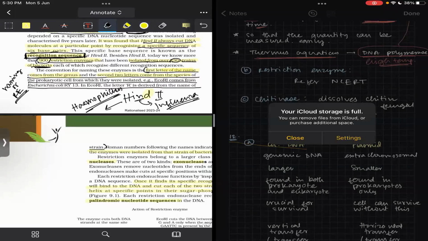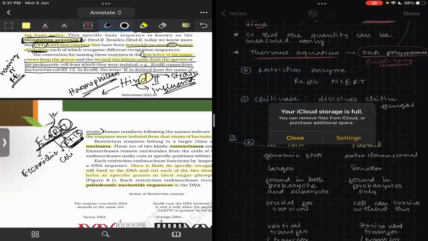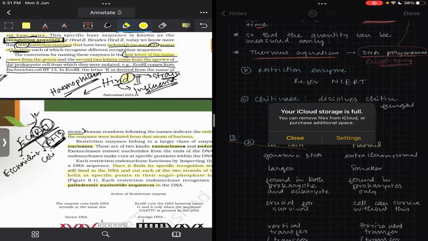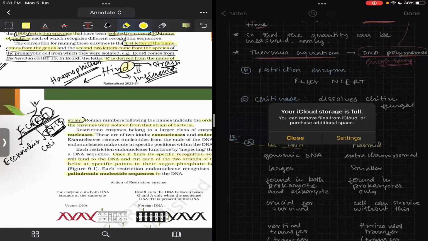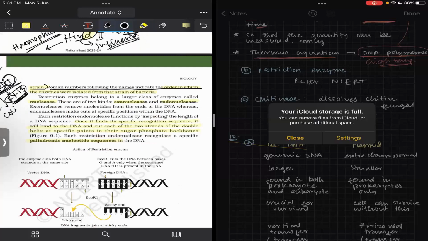In case of EcoRI, it is Escherichia coli, and the strain is RY13. So R basically represents the strain RY13 in case of EcoRI, and the Roman number represents the order in which the enzyme was isolated from the bacteria. So R is derived from the name of the strain, and the Roman numbers following the names indicate the order in which the enzymes were isolated from the strain of bacteria.